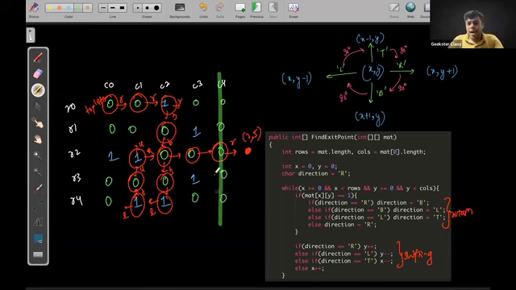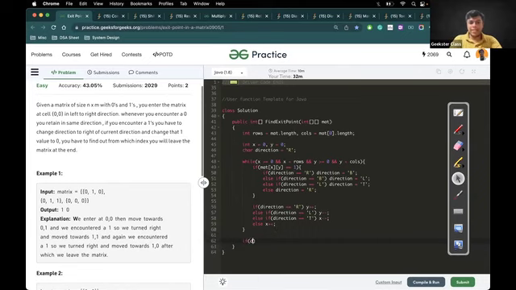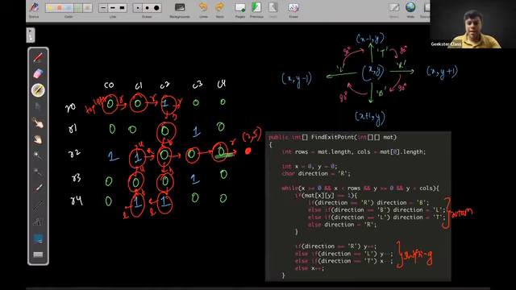If we are reaching out of the matrix due to the right direction, what can we say? If the direction was right when we went out of the matrix, what is the exit point?